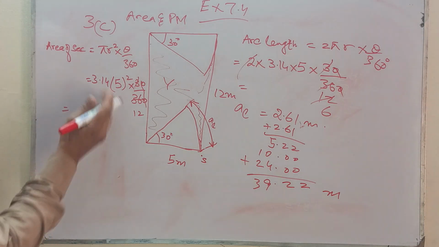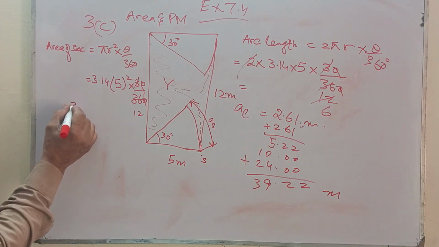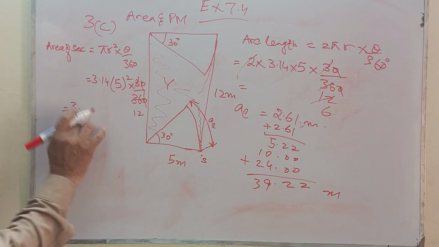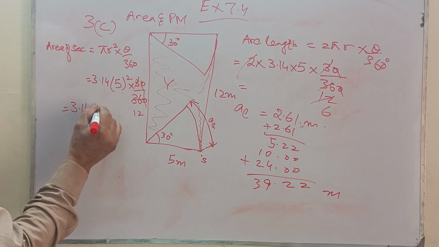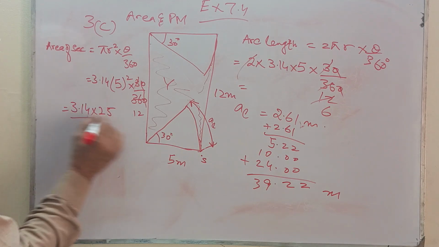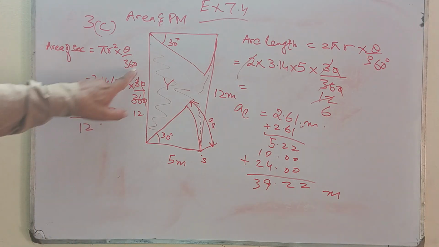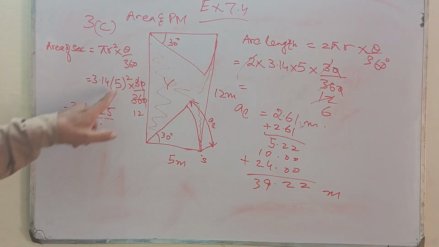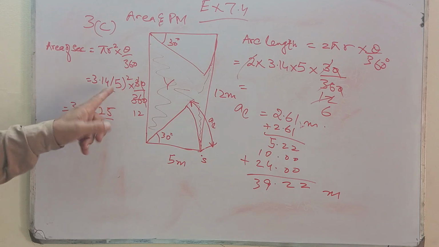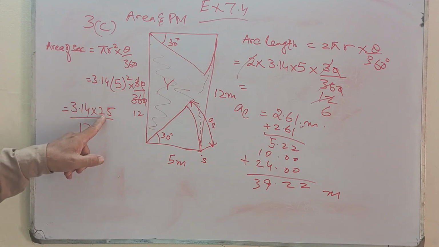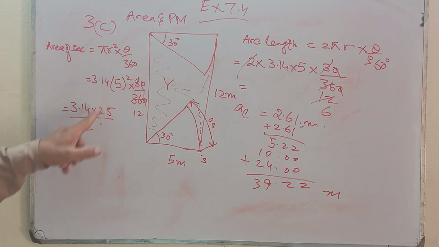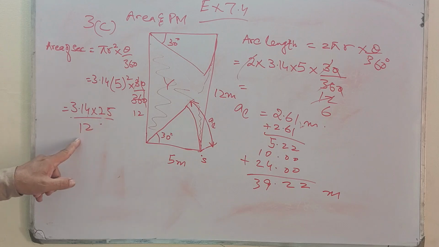Now I am shifting this further over here: 3.14 multiplied by 25 divided by 12. Don't wonder where this 25 has come from. It is the square of 5. 3.14 is there, 12 is also there.